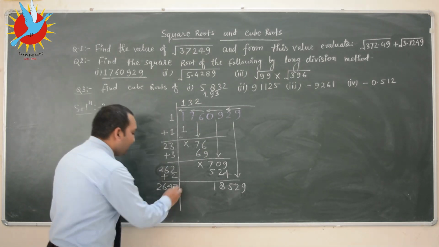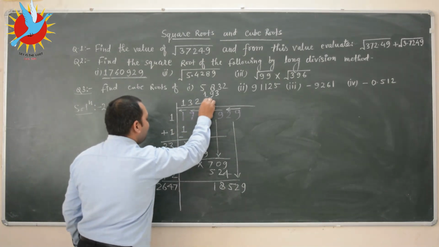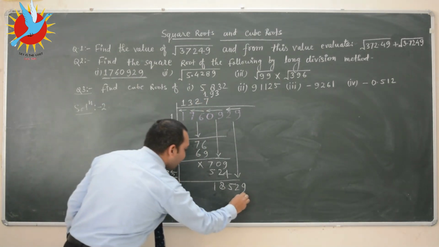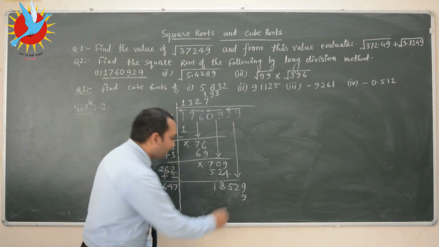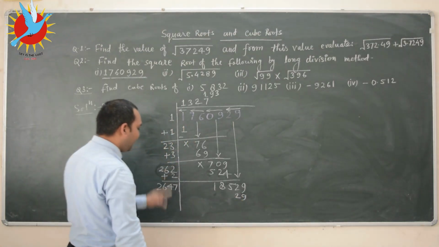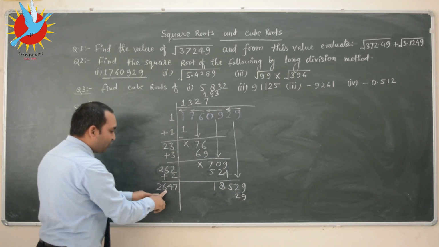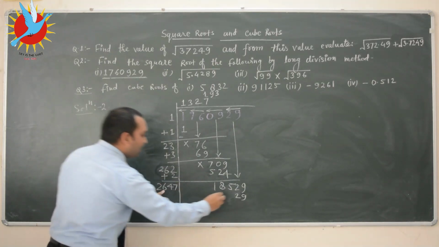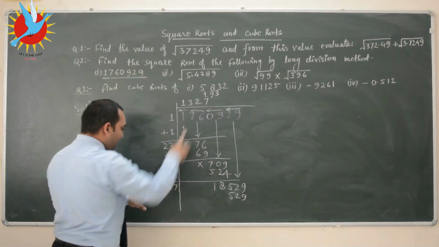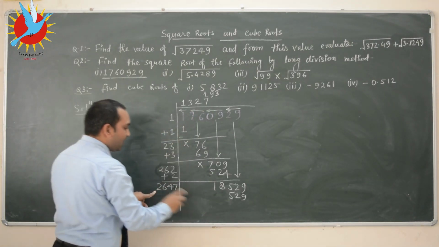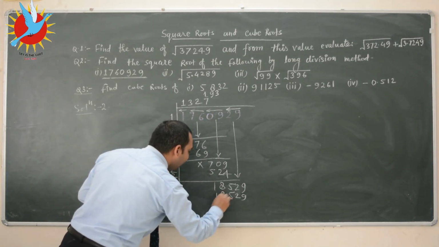2647 multiplied by the same number, that is 7 into 7 is 49, and 7 4s are 28, and 4 is 32, carry 3, 7 6s are 42, and 3 is 45, carry 4, and then 7 2s are 14, and 4 that is 18.